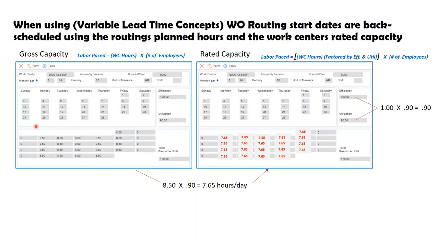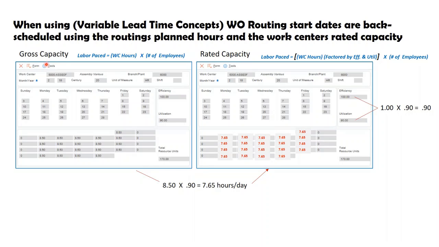Being aware of this data helps us understand that when using variable lead time concepts, the work order routing start dates are back scheduled using the routing's planned hours and the work center's rated capacity.